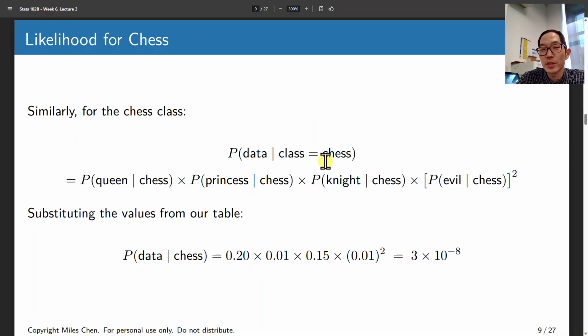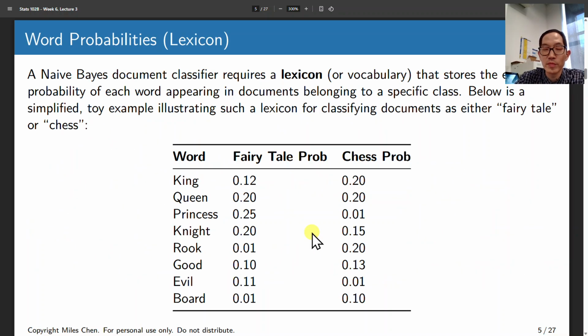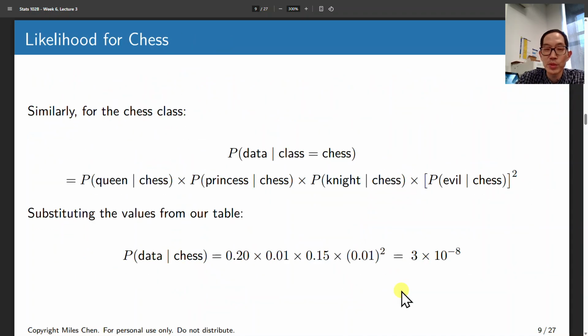We can do the same thing, and ask what is the likelihood of our data if our document is chess, okay? Again, queen appears once, princess appears once, knight appears once, and evil appears twice. Queen has probability 0.2, princess 0.01, knight 0.15, and evil 0.01. So when you put those in, 0.2, 0.01, 0.15, and 0.01 squared, you get 3 times 10 to the minus 8.